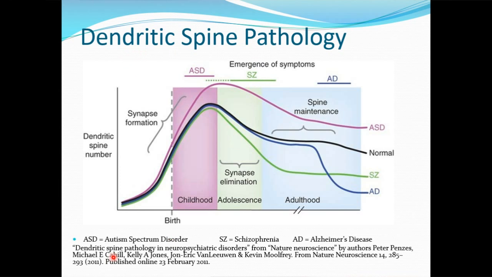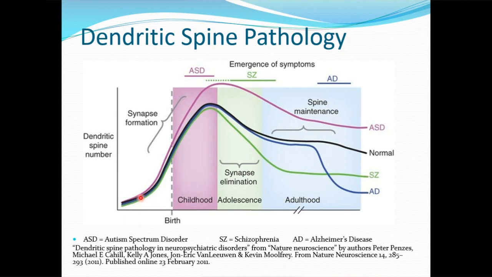And if you look at autistic spectrum disorder, that is the purple line. Okay, let's just explain it. This is now before birth. Here's birth. There's childhood, adolescence, adulthood. Okay, and this break just shows that there are many years of adulthood that aren't being shown there. So let's look at children with autistic spectrum disorder.